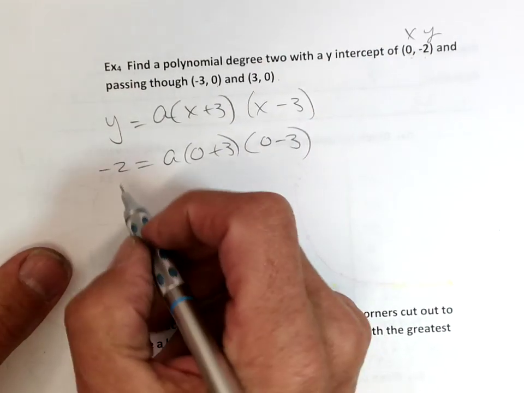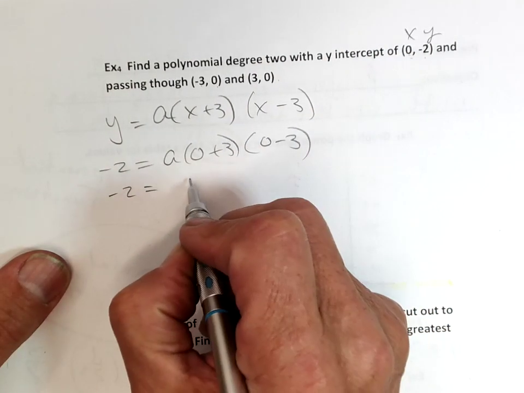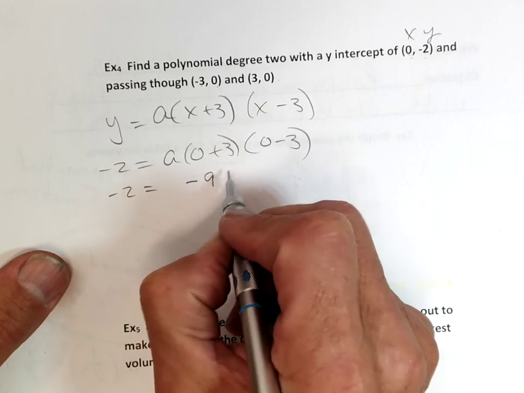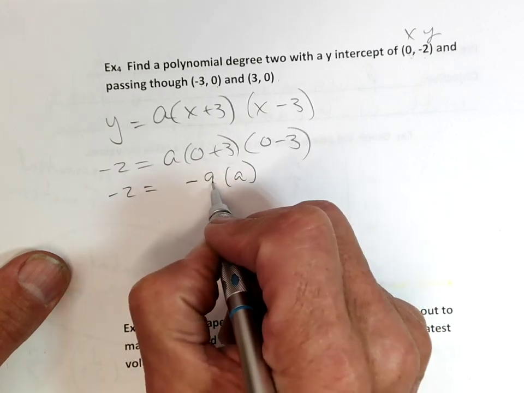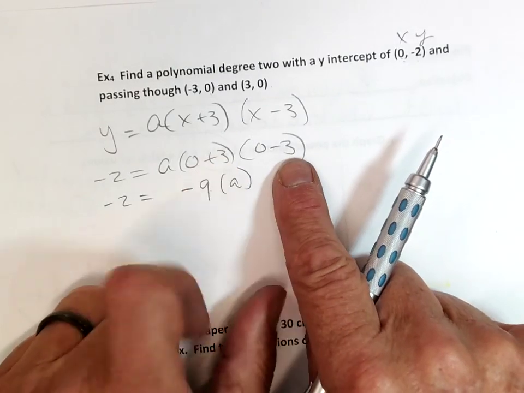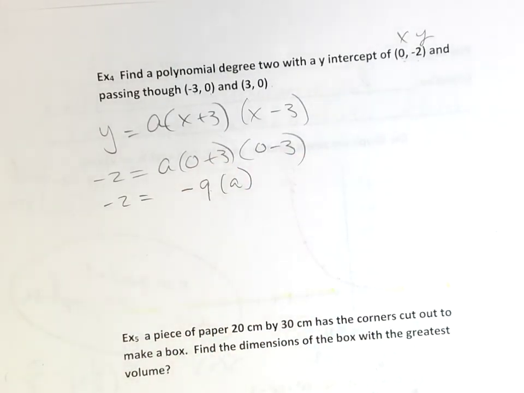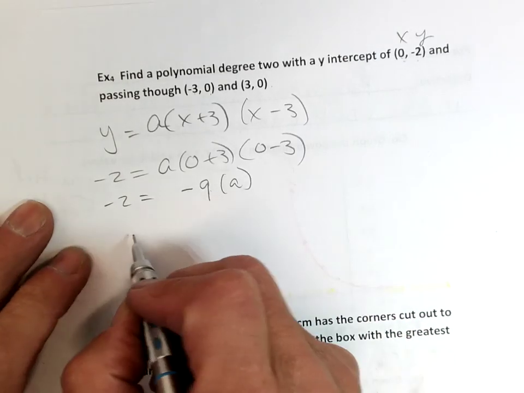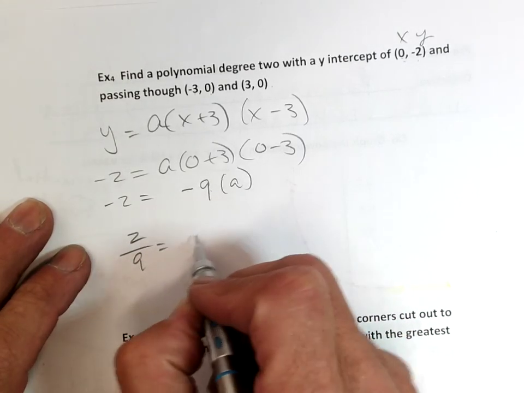So if I solve, I get negative 2 equals negative 9a, because I got my 3 times my negative 3, correct? Divide by negative 9.